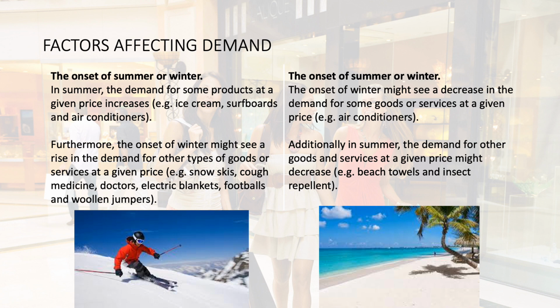We also need to think about the seasons of the year. For example, in summer, the demand for some products at any price will go up. So things like ice cream, surfboards, air conditioners, that's quite obvious. But it also might mean that in winter, we'll see a decrease in the demand for those products which we were wanting in summer, something like air conditioners.